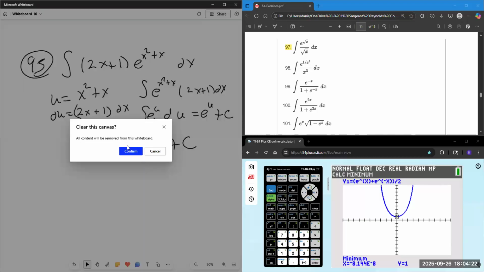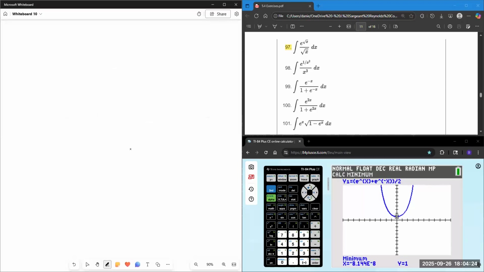Moving on to number 97. 97 is integral of e to the square root of x over the square root of x dx. So u has to be the exponent on e, and so I'll call that x to the 1/2.